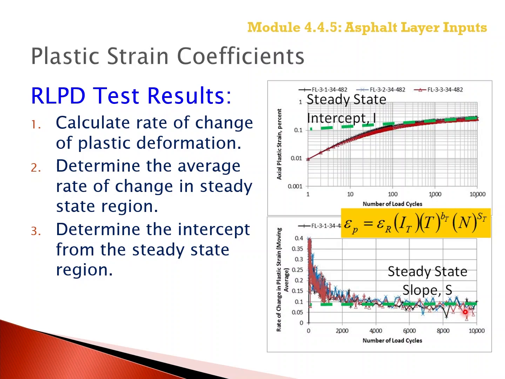After the slope is determined, that value is then used to estimate the intercept from the steady state region, as shown in the illustration by the dashed green line in the upper graph. Both values can be used as inputs to the MEPDG asphalt rut depth transfer function, which is also illustrated on the slide.